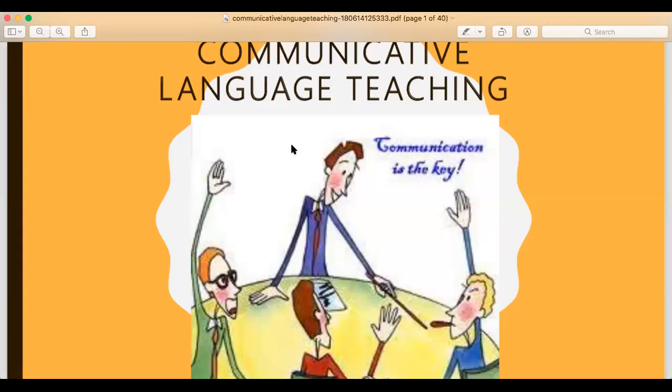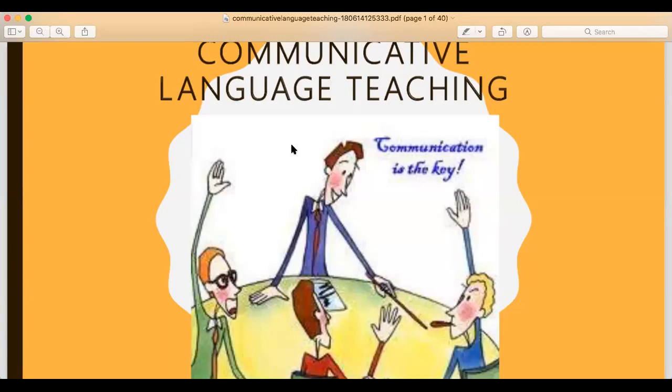We also talked about functions like inviting, requesting, asking, suggesting, asking questions and how to answer, how to decline an invitation, how to accept an invitation, inviting someone. So all of these are some of the basic functions of the language. Other than that, we talked about the 7 functions of Halliday.